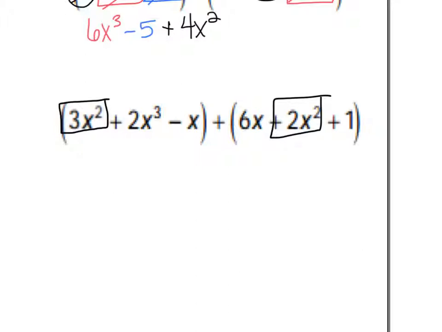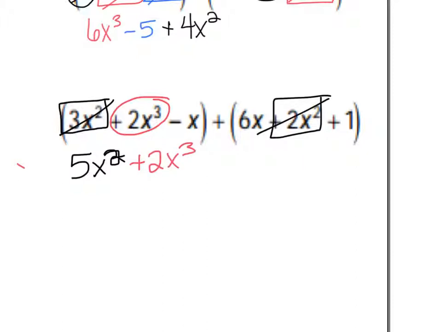Since they're both positive, that's going to become a 5x squared. Cross them out because we used it up. Next term I run into is a 2x cubed. If I look at the entire rest of the problem, there are no other x cubes, which means this one comes all by itself. Crossed it out because I used it up.